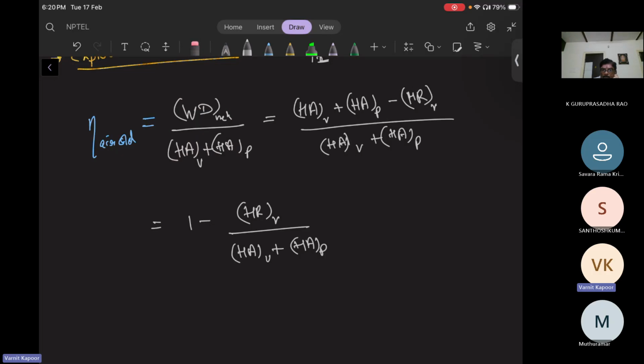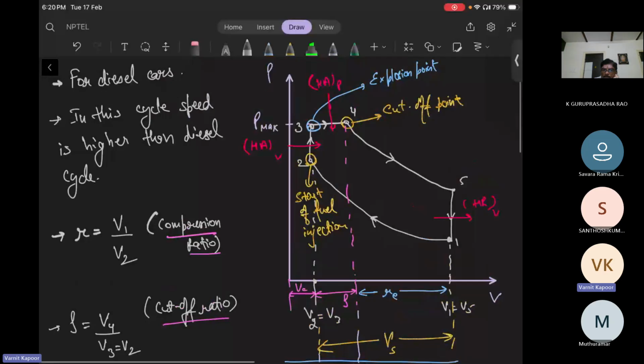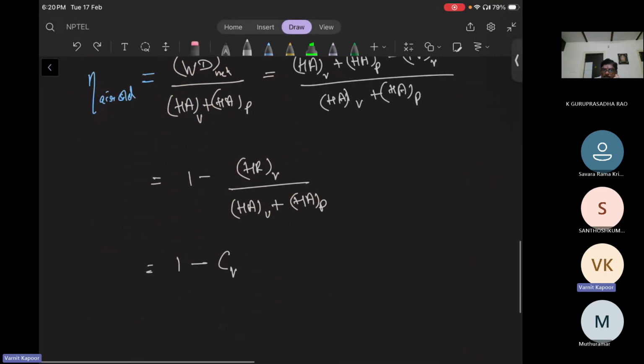Now, if the cycle is reversible, then I write heat rejection or heat addition in terms of net heat interaction as that process's specific heat times delta T. Our first process, heat rejection, is constant volume, so Cv times delta T, from point 5 to point 1. Rejection is happening from 5 to 1, so it will be Cv times (T5 minus T1).